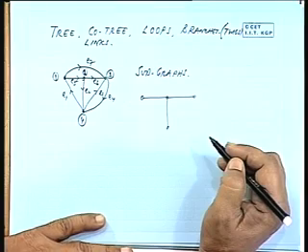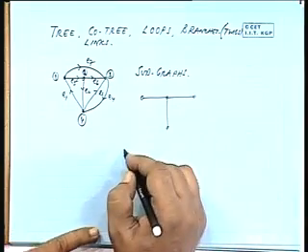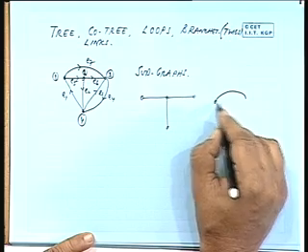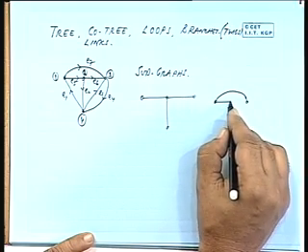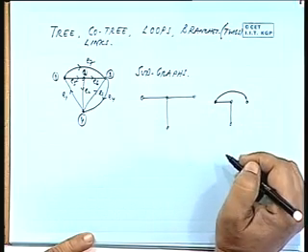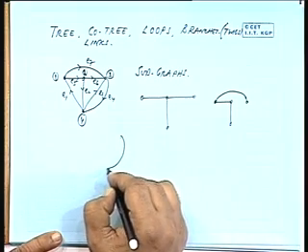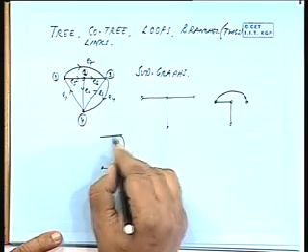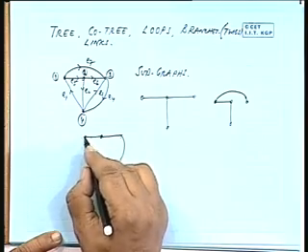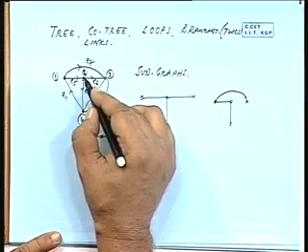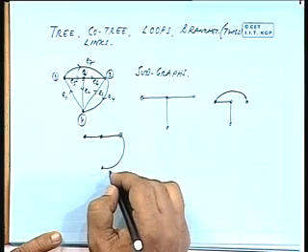There can be a tree like this. This is another possible tree. This is another possible tree including E4, E6, E5.